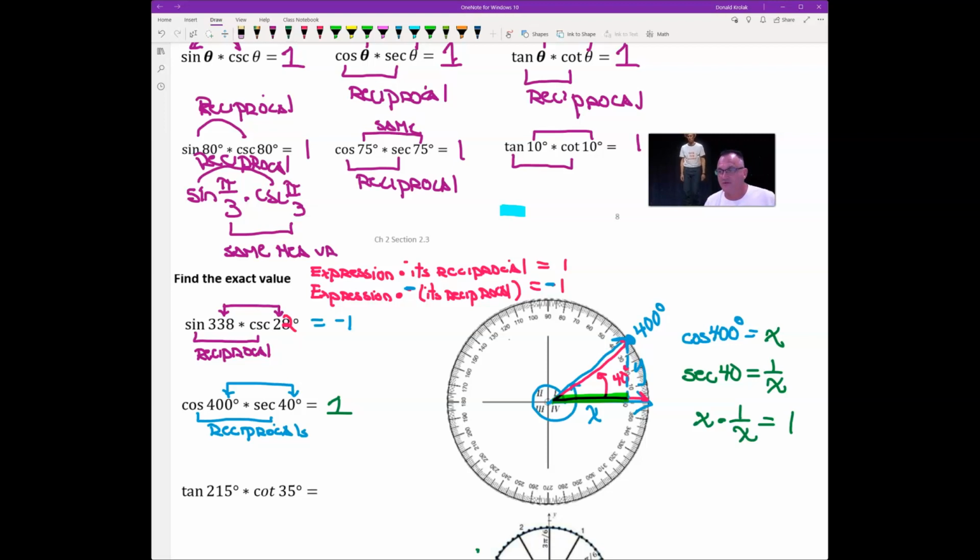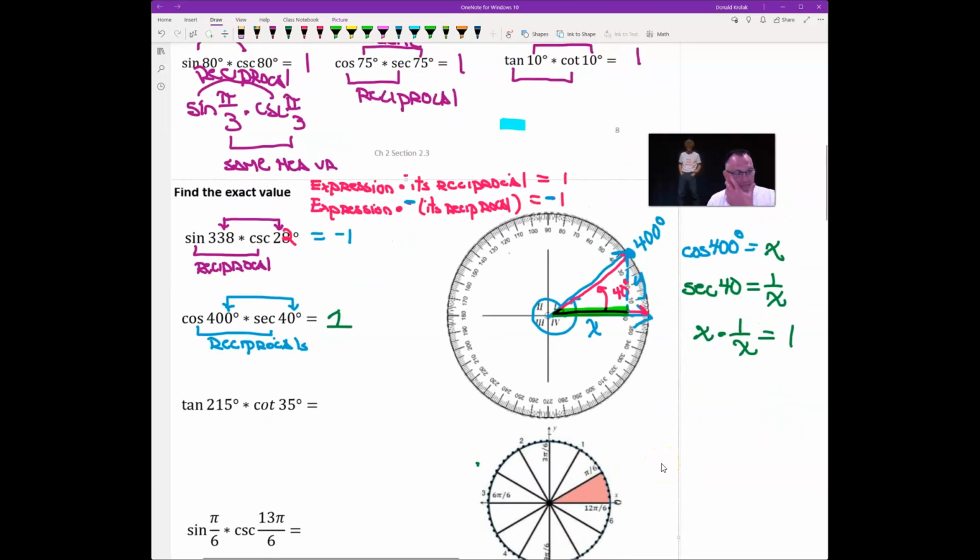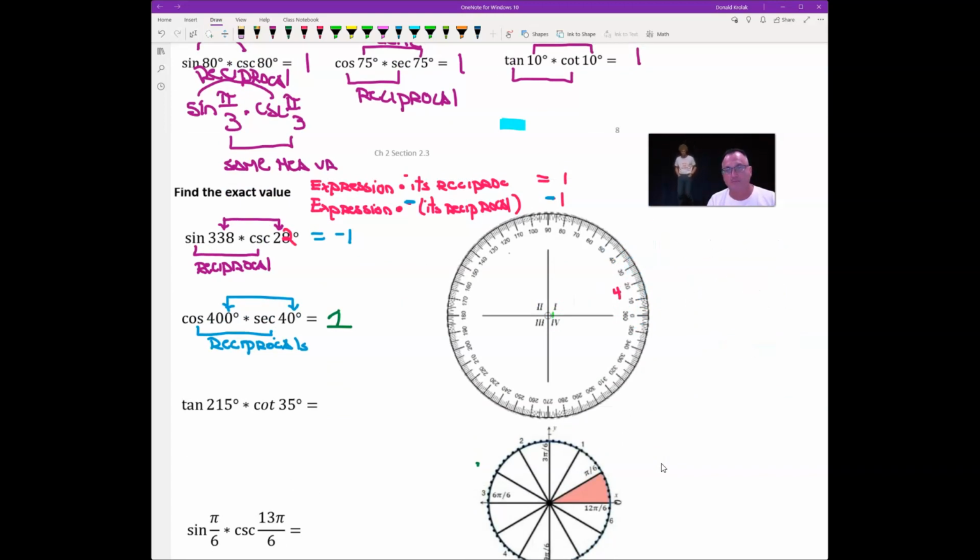All right, 215 and 35. So 215 degrees, that's 215.